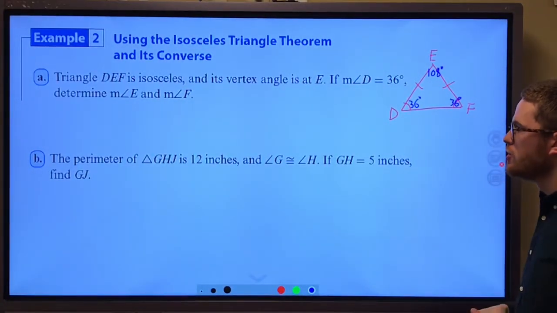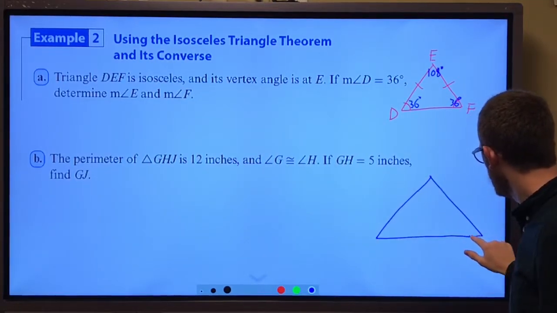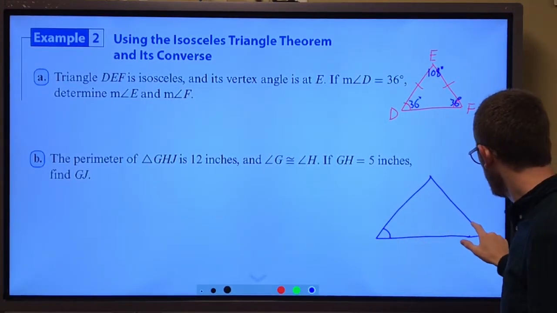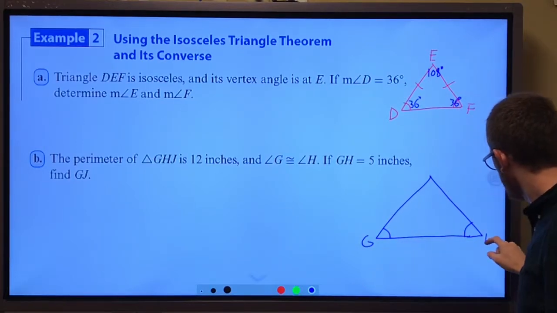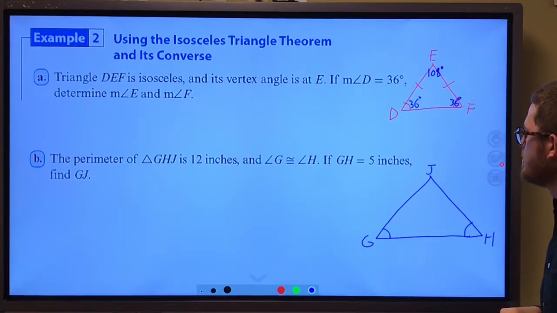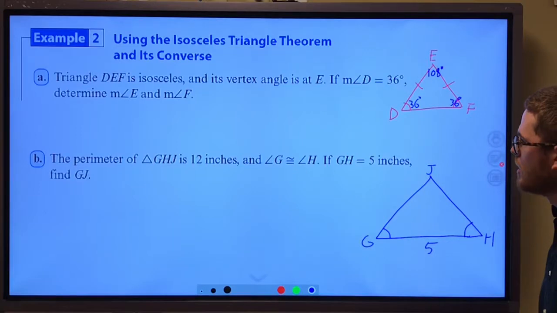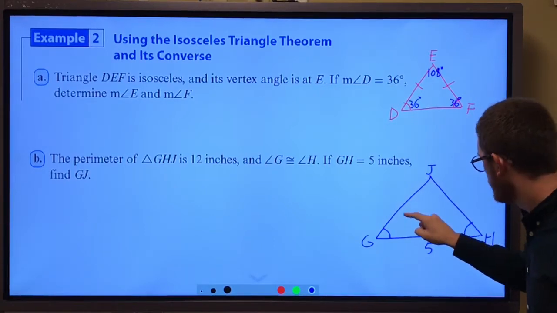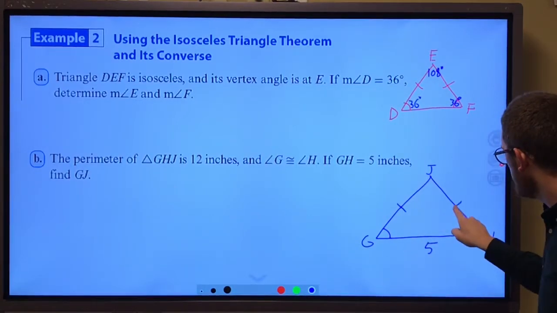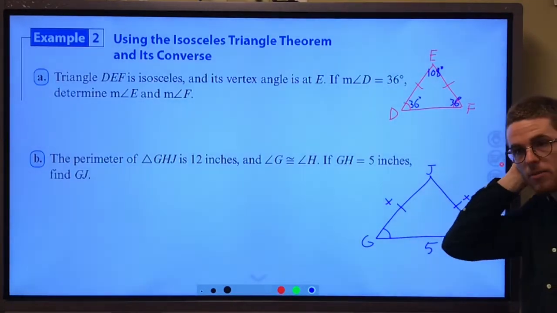The perimeter of GHJ is 12 inches. They say that G and H are congruent. If GH is 5 inches and the perimeter is 12 inches, we want to find GJ. Well, if the base angles are congruent, we know it's isosceles, so that means that whatever this side length is, this side is the same thing.